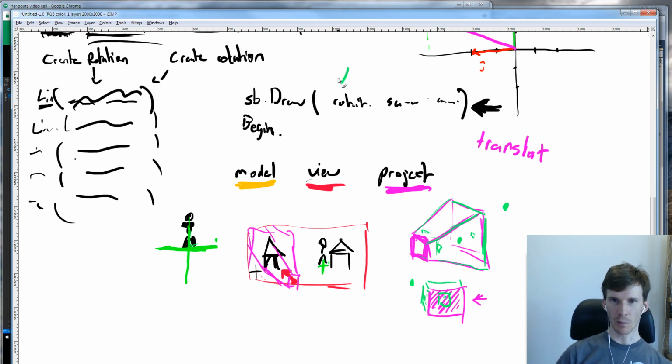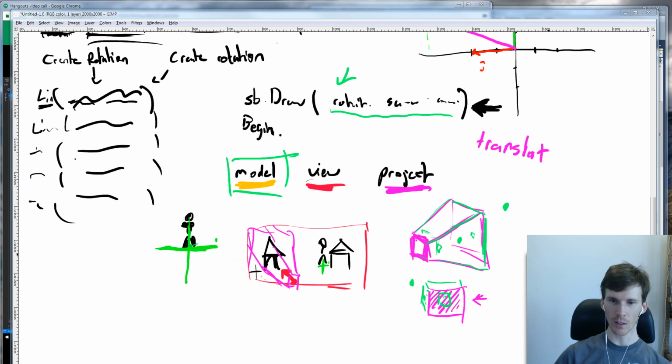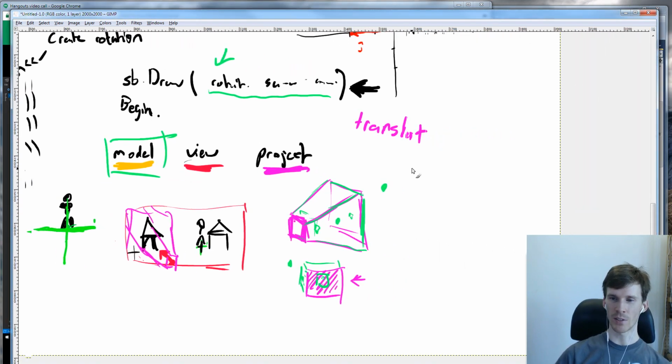So anyway, if you're drawing a lot of sprites, the rotation and scale stuff is equivalent to the model matrix, which is the one that puts it in the world. If you were to have the same one for every sprite, every single sprite would be laid over the top of each other.